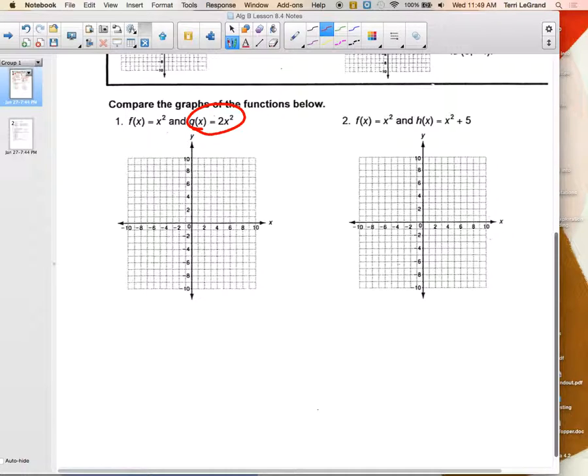Now draw those on your paper, just a rough sketch of what's showing up on your graphing calculators right now. You don't have to have points, you can just have a kind of sketch.